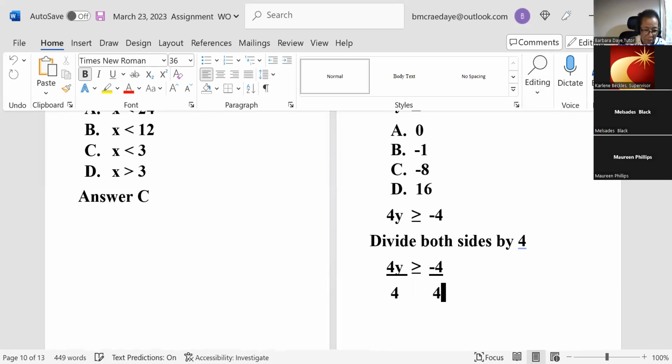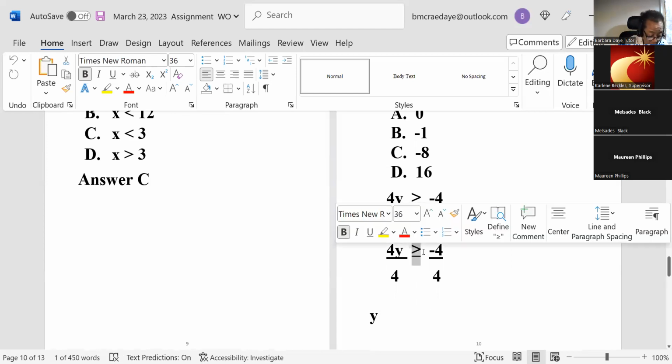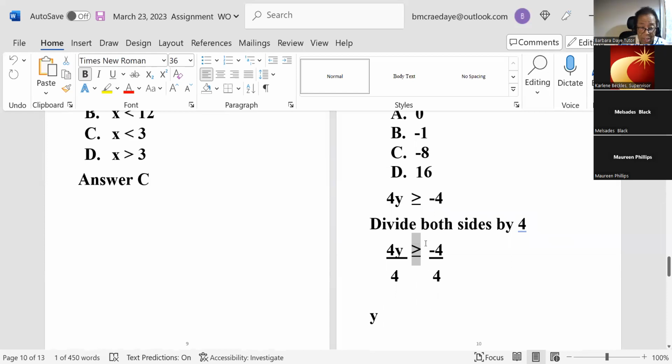Now, Maureen, 4y divided by 4 gives what? y. Exactly. -4 divided by 4 gives what? Maureen, -4 divided by 4. You see why I say you gave me a strange answer?